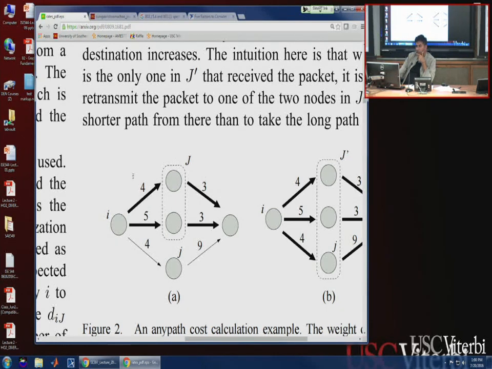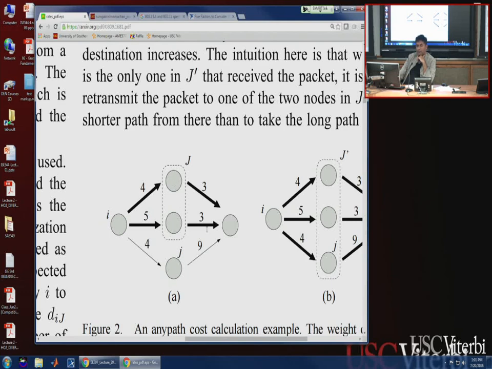However, because it's a broadcast medium, when node I sends a message, regardless of whether J, this first node, hears it or not, there's a probability that the second node may also hear it. In fact, there's also a probability that the third node might hear it. So the question is, if by some chance both these nodes hear the packet, who should forward it?